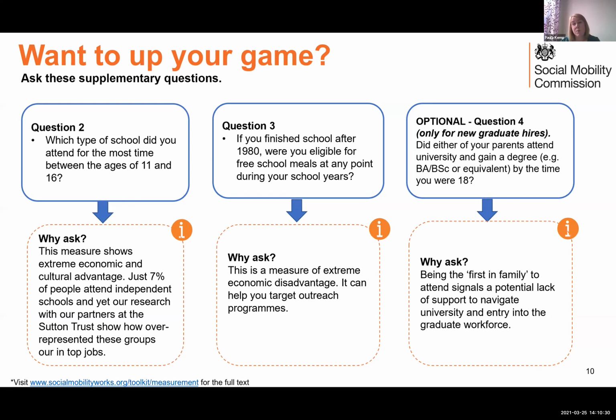And that can really help you target outreach areas. So in terms of working with partners to reach certain schools, if they have a high proportion of free school meal attendees, that could really help drive your outreach if that's how you want to reach a more widening pool of people to understand a bit more about your industry or your business.